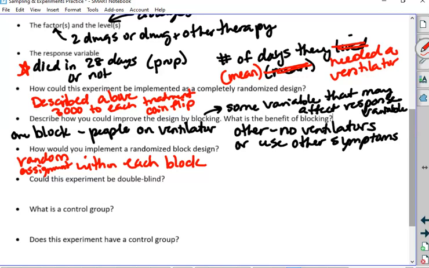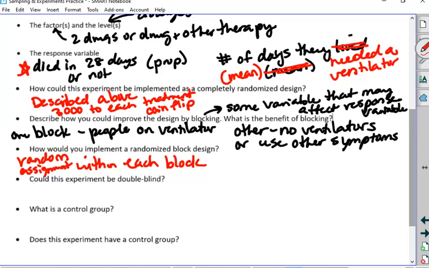The advantage of blocking, like stratifying, is reduced variability in your results. So that is always the idea. If everybody that's in a block has a ventilator use and I see improvement, it's going to be compared to the improvement of someone who's also on a ventilator.